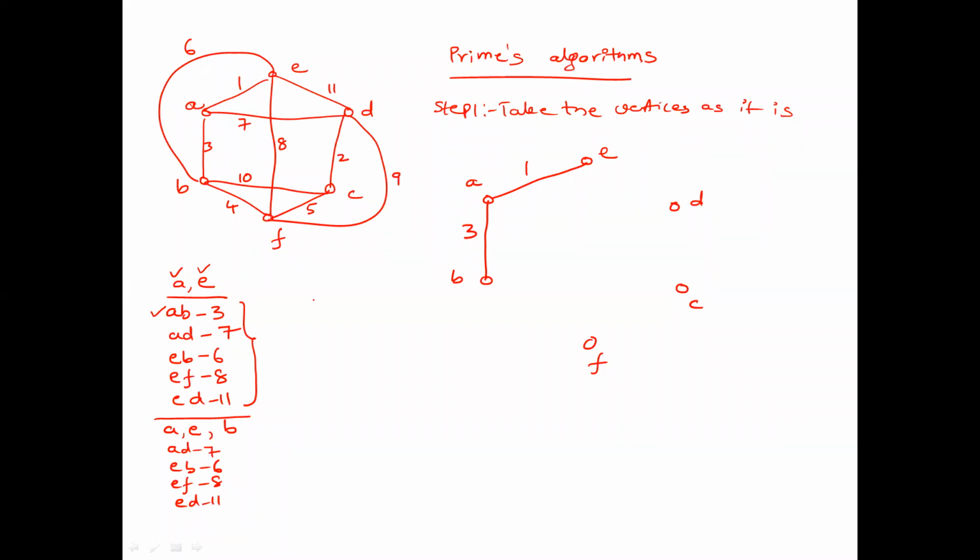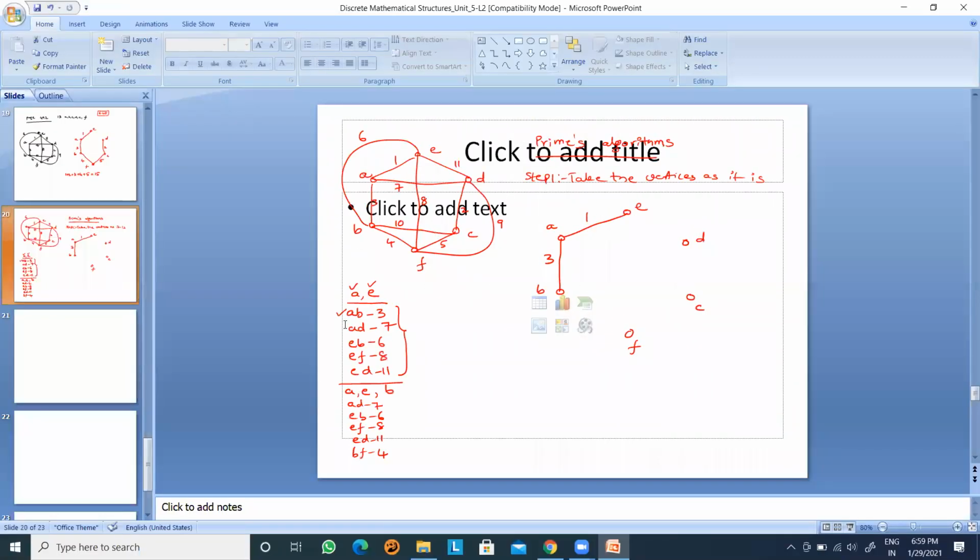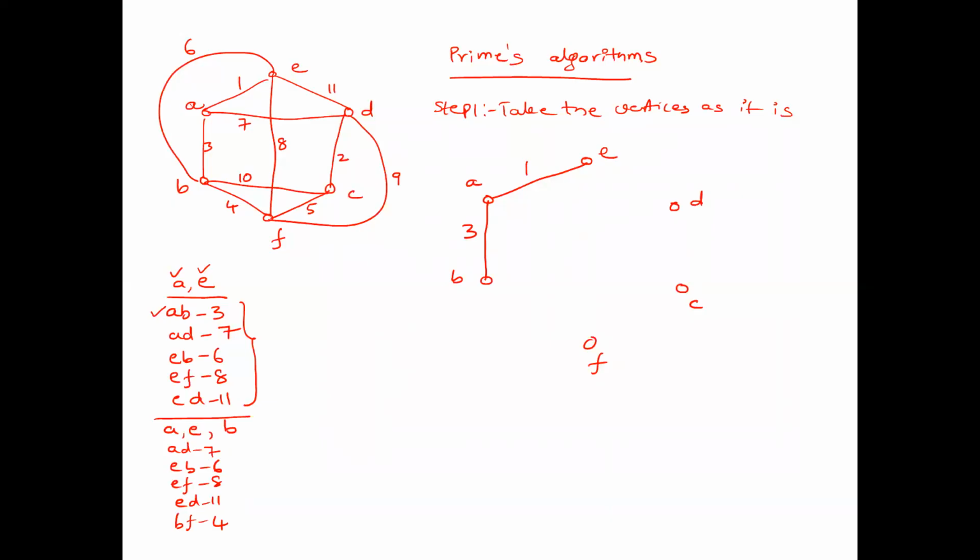Now with respect to B, tell me what edges we can add. BF, it is 4. Any other edge missed? BC.